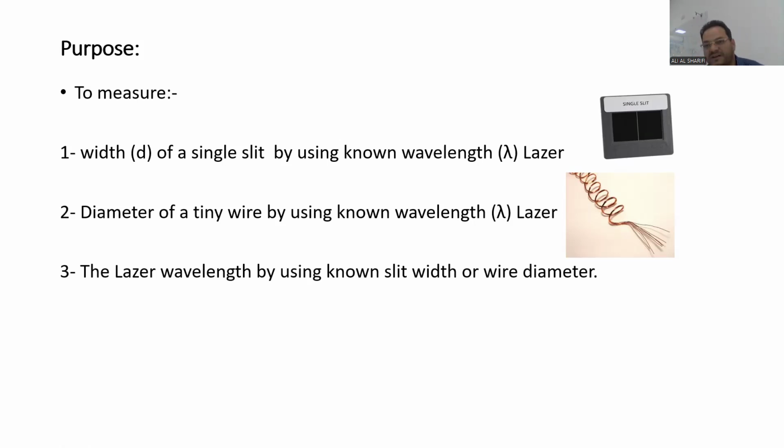And by using the same way, we can measure the diameter of a tiny wire. It's a very, very small wire, an electronics copper wire, let me say. And if we know the width of this single slit, I'm talking about the third purpose, we can know the wavelength of the laser used, okay?